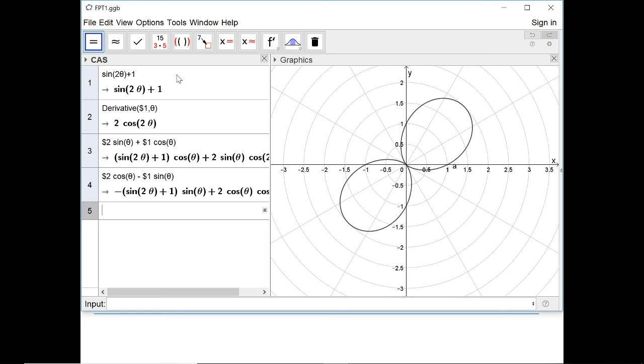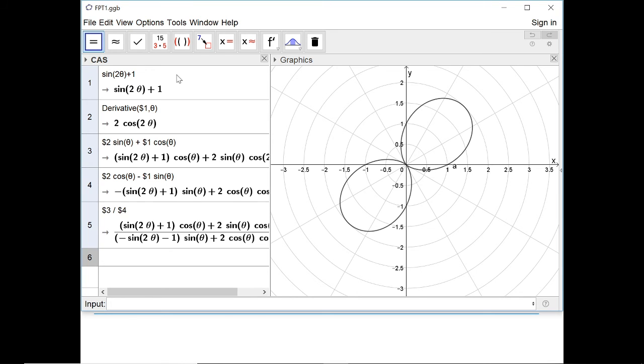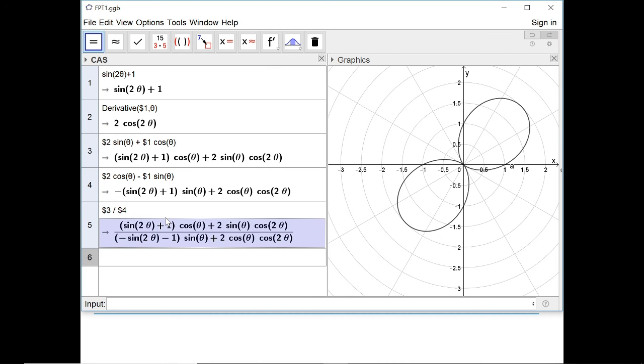And then in order to get my dy by dx, I need to divide 3 by 4. And it gives me sine 2 theta plus 1 cos theta plus 2 sine theta cos 2 theta, all over minus sine 2 theta minus 1 sine theta plus 2 cos theta cos 2 theta.